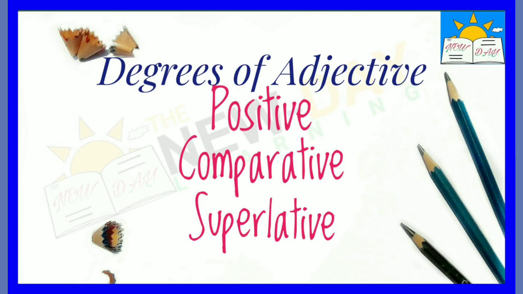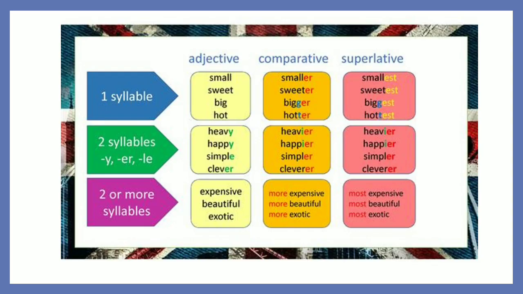We also came to know how to make a comparative word and superlative word by adding ER in comparative form and EST in superlative form. For some consonants which are followed by Y, the Y changes to I, and then ER and EST is added to make comparative and superlative degree.